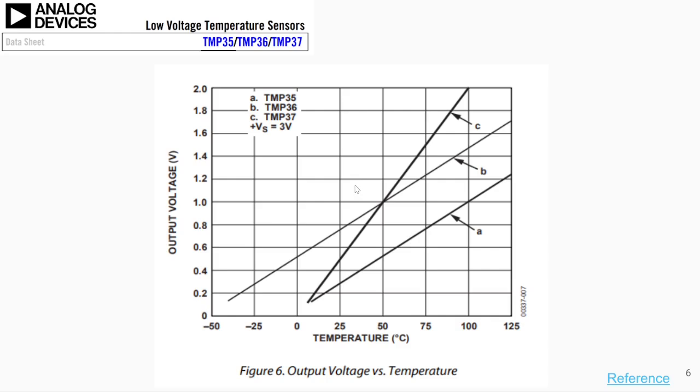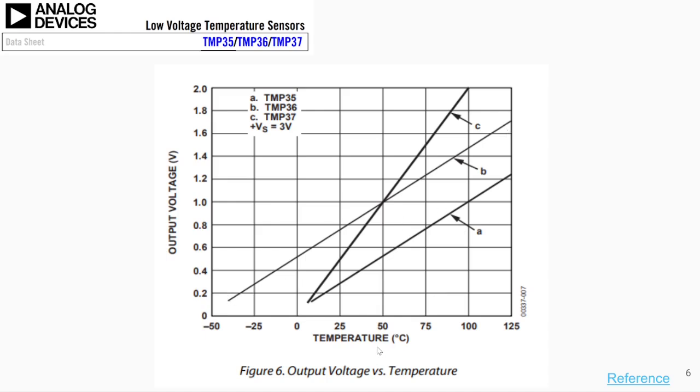And this is what I was mentioning to you. By just looking at the graph, the first thing to notice is that the graph is plotted between temperature on the x-axis and the output voltage in volts on the y-axis. Before going into the details, you can see that these are linear lines, so they have a linear relationship.